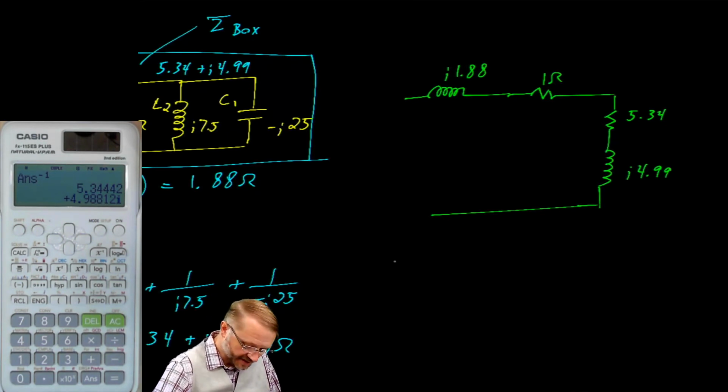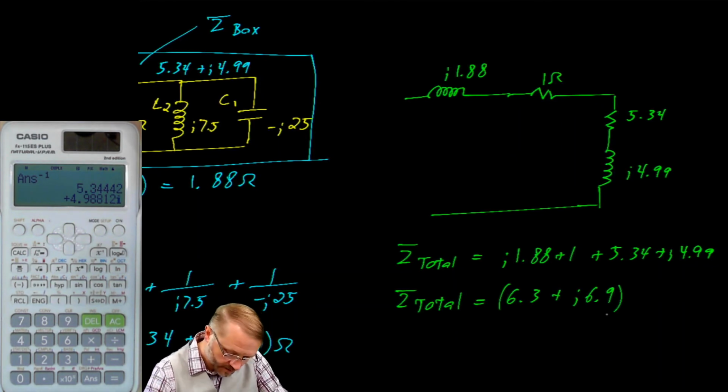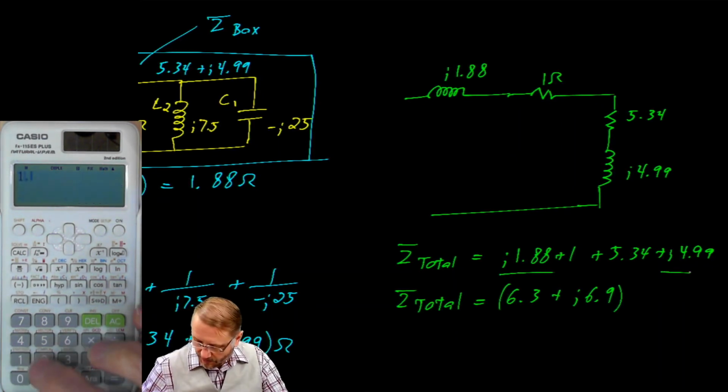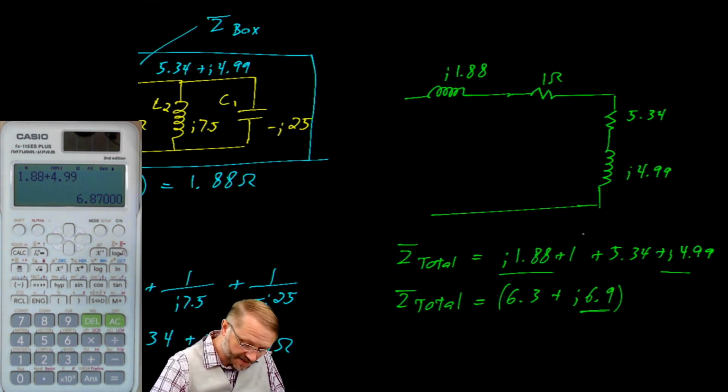From there, it's just a series circuit, so the total impedance is equal to J 1.88 plus 1 plus 5.34 plus J 4.99, giving us 6.3 plus J 6.9. So you add up the J pieces, that's 1.88 plus 4.99. That gave us the 6.9. And then you add up the real pieces, so that's 1 plus 5.34 gives us about 6.3.